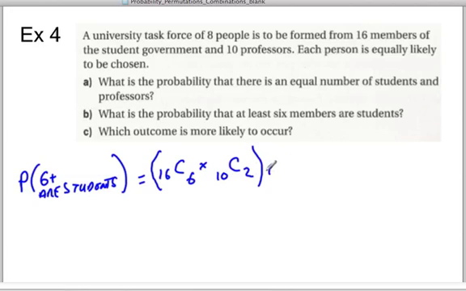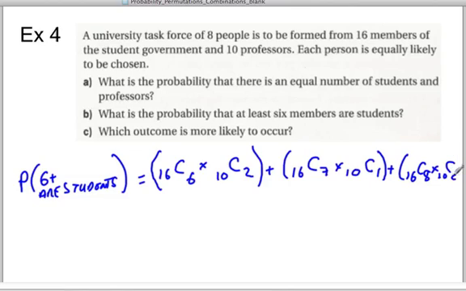But now we have to add 16 choose 7, which would represent the number of ways that we can pick 7 students out of 16 times, and we've got 1 professor in this case, so it'll be the combination of 10 choose 1, plus the combination of 16 choose 8 times 10 choose 0.